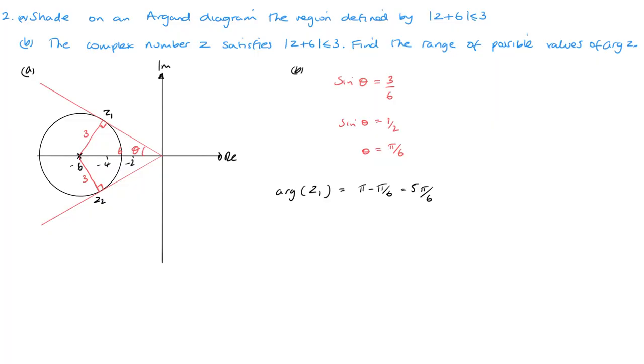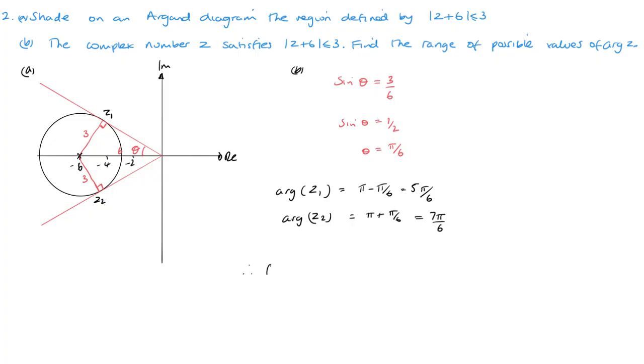Now, obviously, normally we deal with down here as negatives. Doesn't make sense to deal with a negative in this case. So we'll keep going around here. So this one at Z2 is going to be pi plus pi by 6, which is going to be 7 pi by 6.